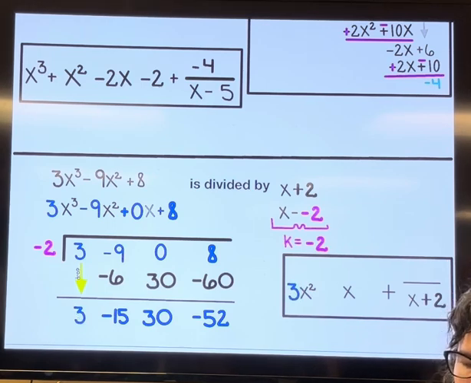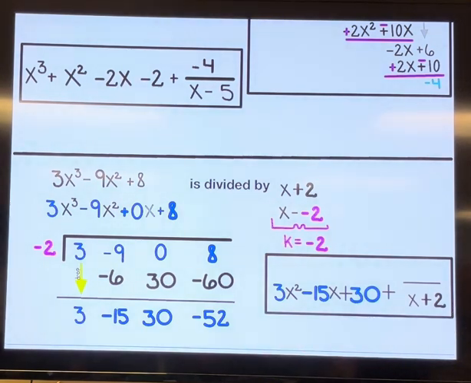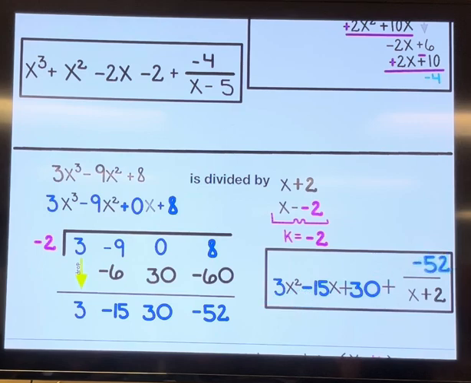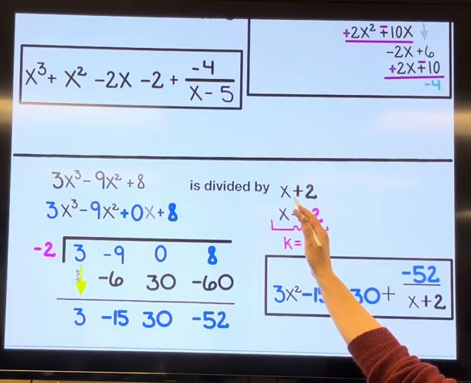So there's 3x squared, there's minus 15x, and then there's going to be plus 30, and then this -52 is my remainder. So plus -52 over what I was dividing by.